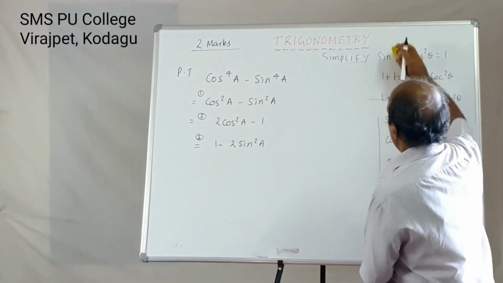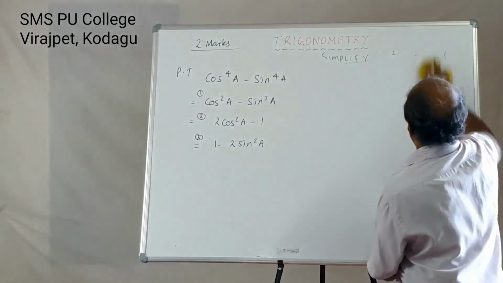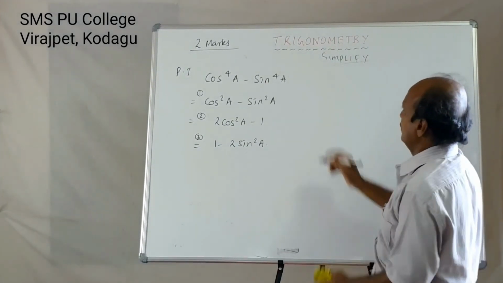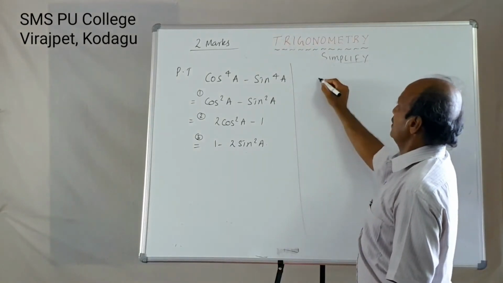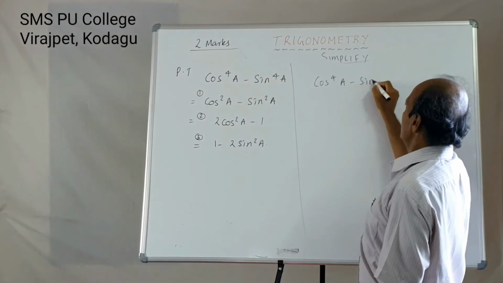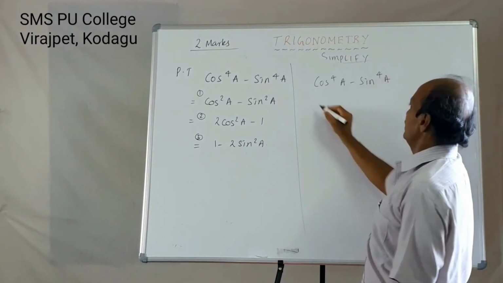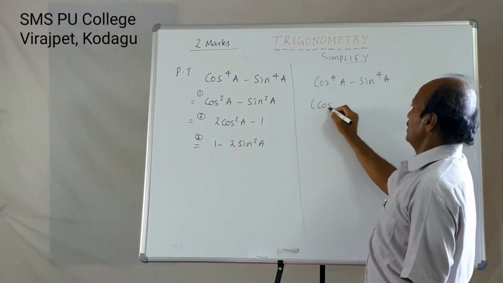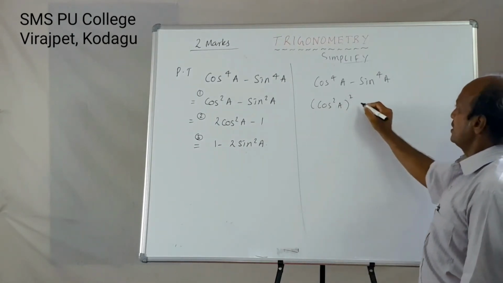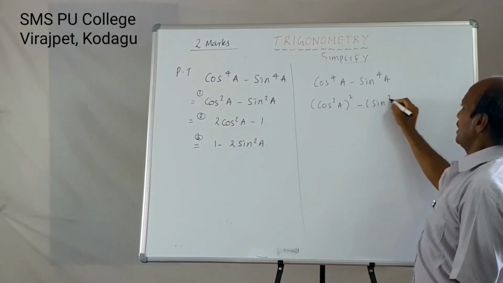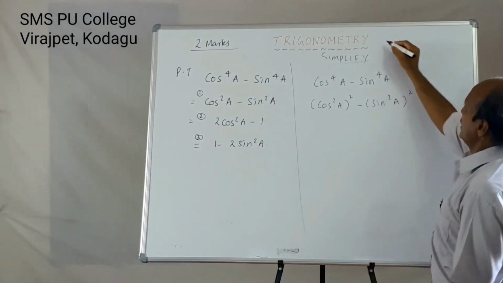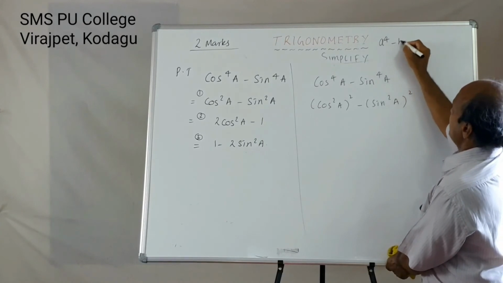Let me take them one by one. What is given is cos to the power of 4a minus sin to the power of 4a. This I can write as cos square a whole square minus sin square a whole square. It is in the form of a to the power of 4 minus b to the power of 4.